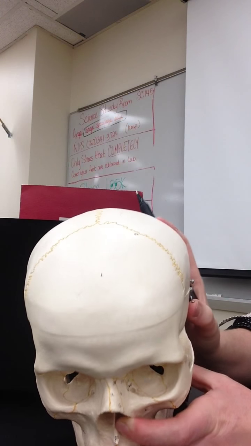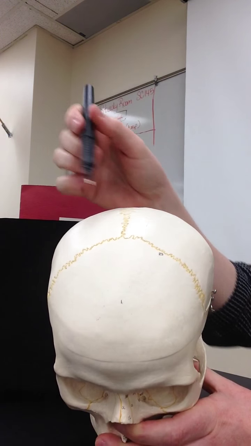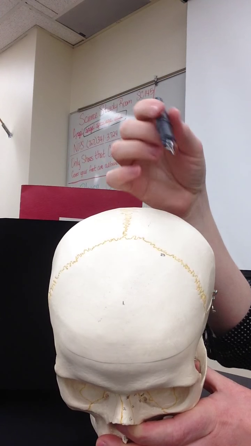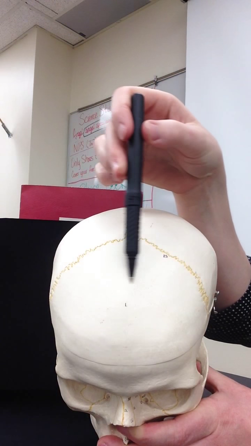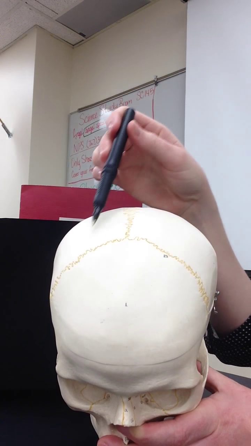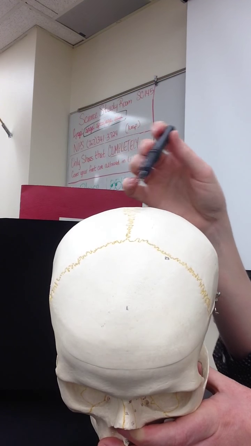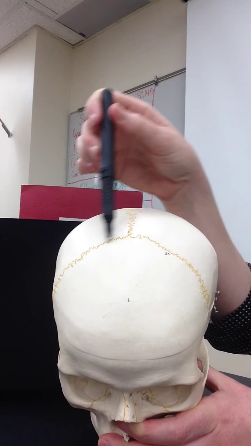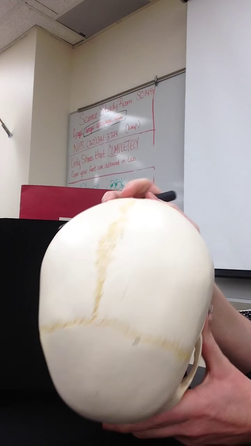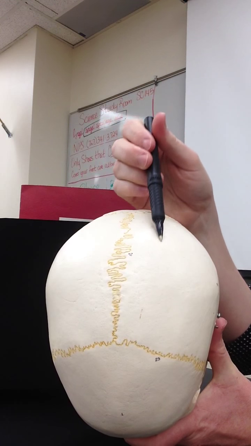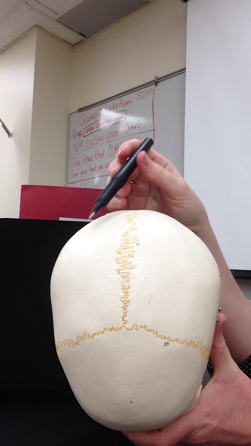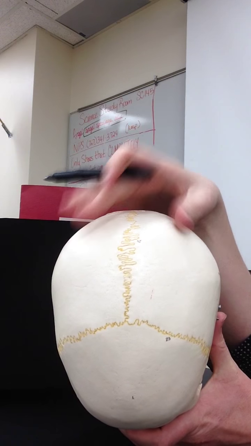Then if we look here at the top of the head, we see this suture. This is your coronal suture, and this is where your frontal bone has fused with your parietal bones. Now if you look at the two parietals here, you have a right and a left parietal, so this is a paired bone.